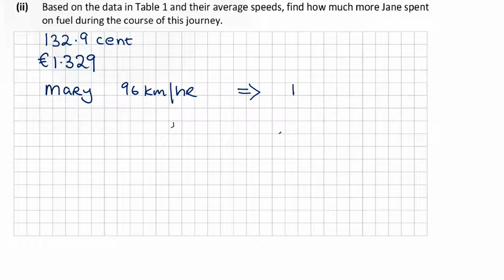That came directly from our table, so if you go back to the table at the start of the question, you'll see that. Then we had Jane, who was travelling 112 kilometres per hour, and what we know about 112 from our table is that it was 9 kilometres per litre.